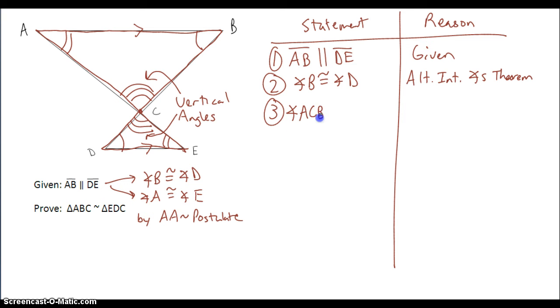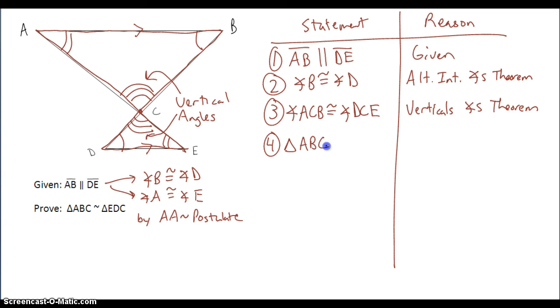A, C, B is congruent to angle, and again I need 3 letters for this angle, D, C, E. And the reason that these 2 angles are congruent is because they're vertical angles, and by the vertical angles theorem, vertical angles are congruent. So now I have enough information to conclude that my triangles are similar.